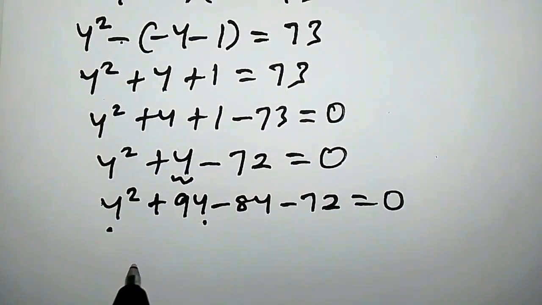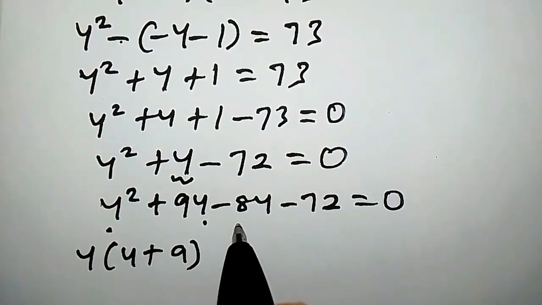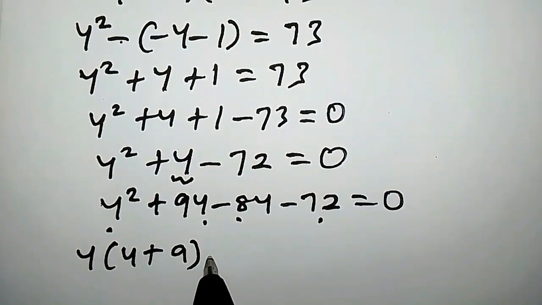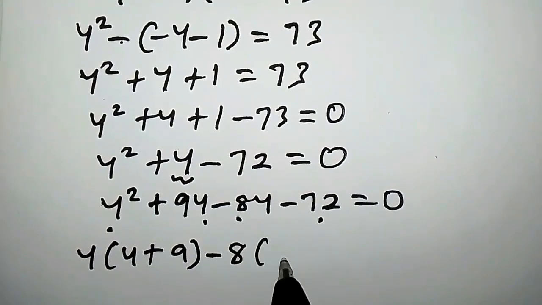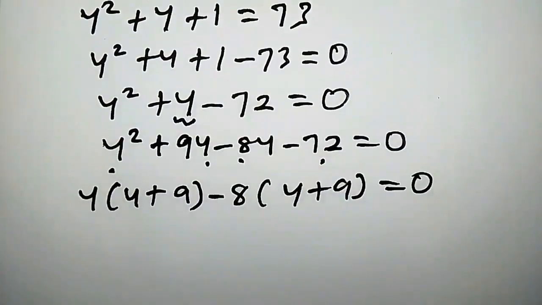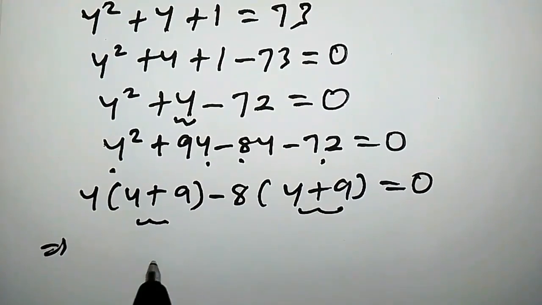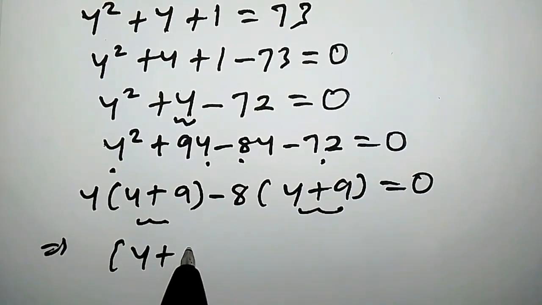y is the common term here. If we pull it out, we have y into (y plus 9). We can also pull out minus 8 from these two terms. So that will be minus 8 into (y plus 9) equal to 0. So y plus 9 is common.